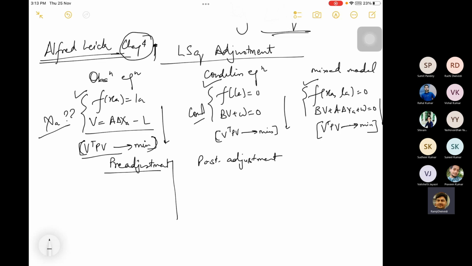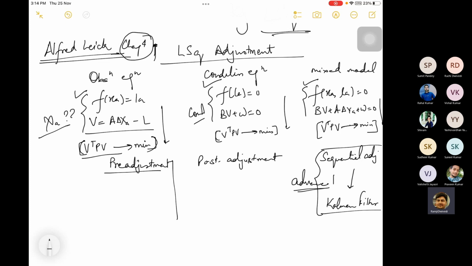because this book is very popular in understanding the least square adjustment. And after observation, condition, and mixed model, there is a term called sequential adjustment followed by Kalman filter. So that has been already discussed by Vipin. That is the advanced adjustment scenario. These are the research domains where people are conducting research.